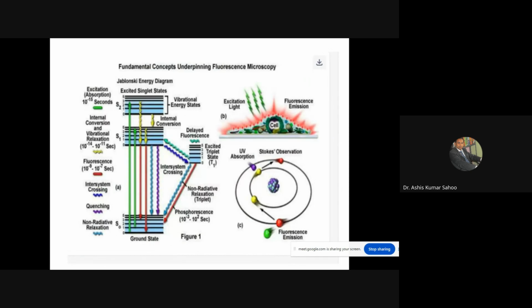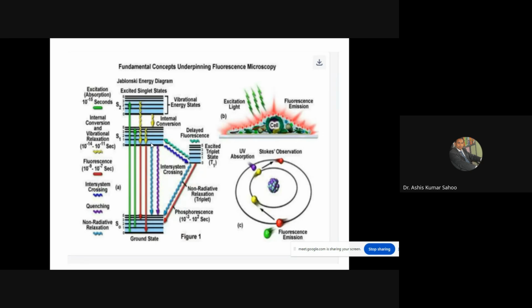Here, S0 is the ground state, and the processes include non-radiative relaxation, intersystem crossing, fluorescence, vibrational relaxation, internal conversion, etc. From singlet to singlet is known as internal conversion.